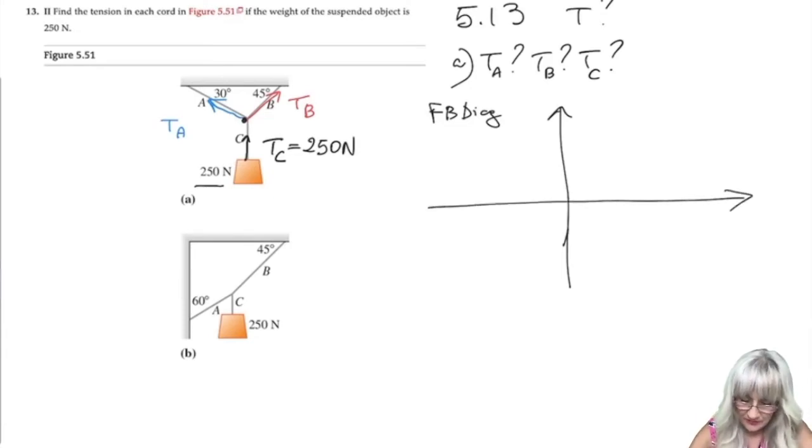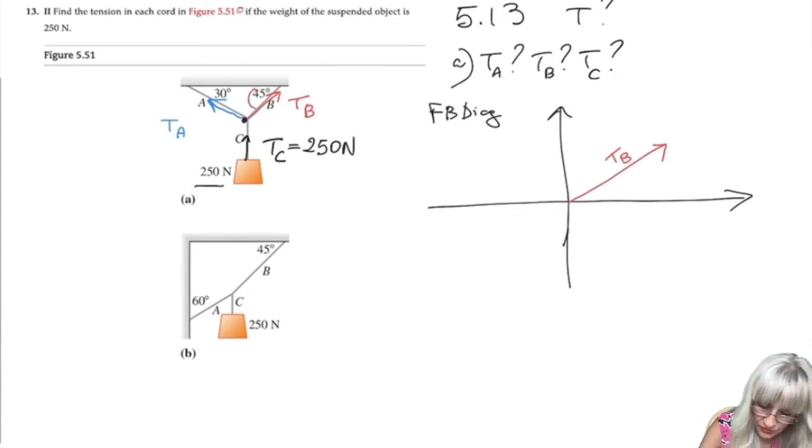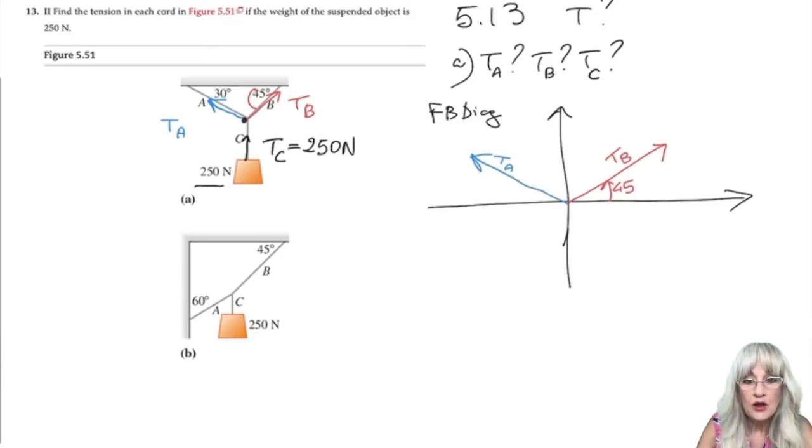T of B is this one in red ink. If this angle is 45, also this angle will be 45. T of A is like that. Again, I'm not in scale. And the angle of 30, if it's here, will be an angle of 30 also here.